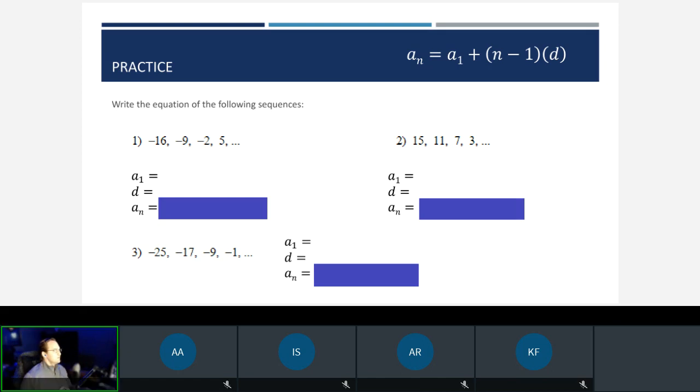Okay, first example. We have the sequence -16, -9, -2, and 5, dot, dot, dot. What is our first term? Let me get my pen out. -16.